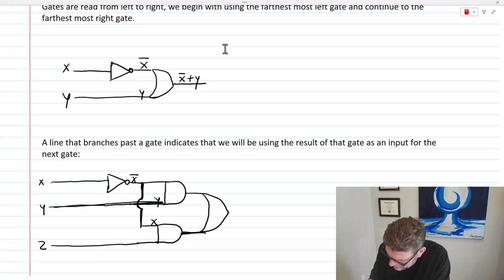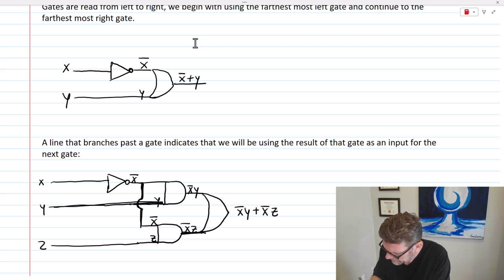So this circuit here is going to take X bar and Z. So now I have X bar and Y, I'm going to use both of those and multiply using the AND gate, and then X bar and Z, and because my lines are coming out of those AND gates, my result is X bar Y plus X bar Z.